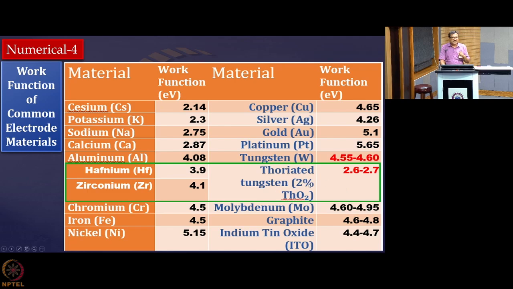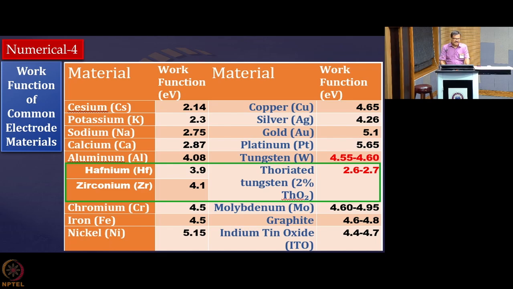So 2% thoriated tungsten is a very common electrode material where oxidation is not a problem. For non-oxidizing gases, 2% thoriated tungsten is a very ideal electrode.